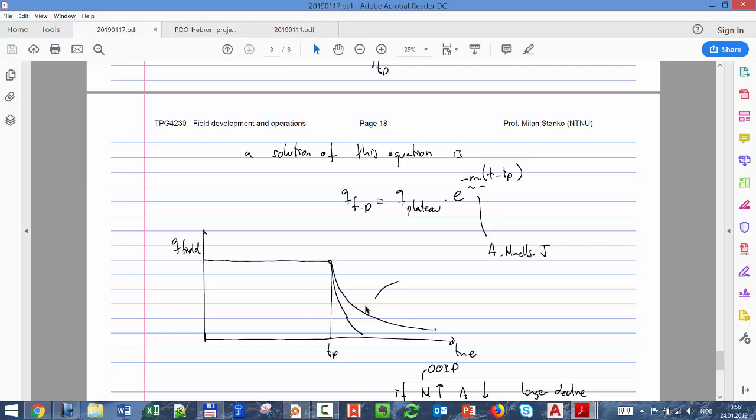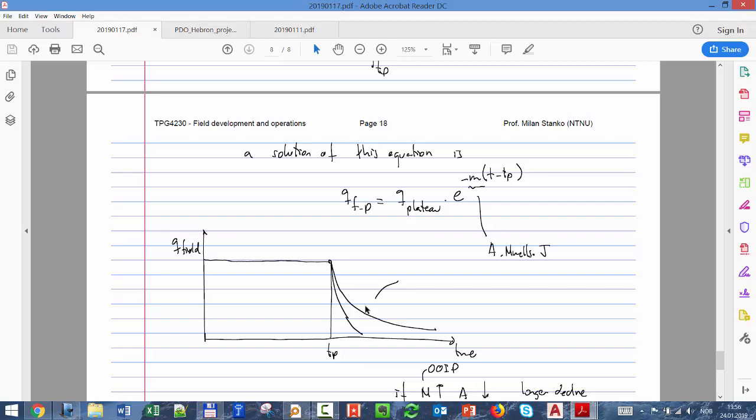If this potential looks like a straight line, this integral will be an exponential function. We can do that only for that case because it's very simple. Undersaturated oil, we have undersaturated productivity, a straight line, everything is very simple.